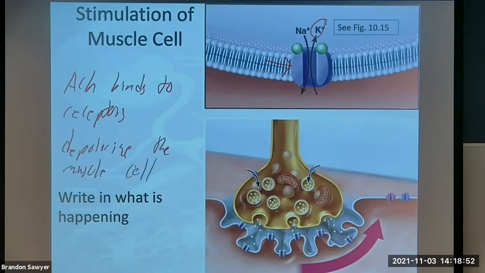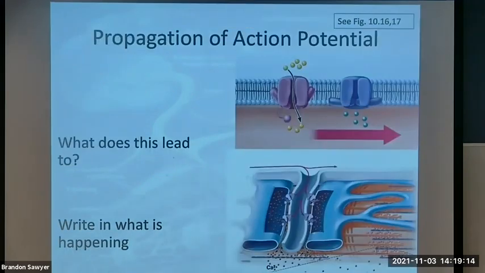Okay, and if we do enough of that depolarization, it can spread to the regular part of the muscle cell, and then that can start an action potential. Okay, so we start an action potential on the muscle cell, right? And then this picks up where we started off with excitation contraction coupling, right? So now that action potential propagates down the membrane.